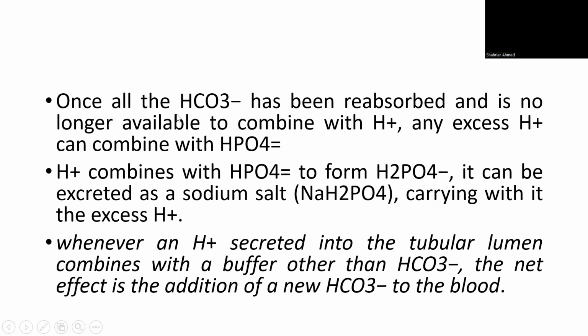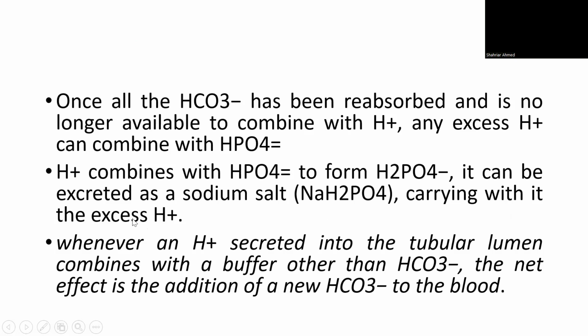Once all of the bicarbonate has been reabsorbed and is no longer available to combine with hydrogen ion, any excess hydrogen ion can combine with monohydrogen phosphate to form dihydrogen phosphate.